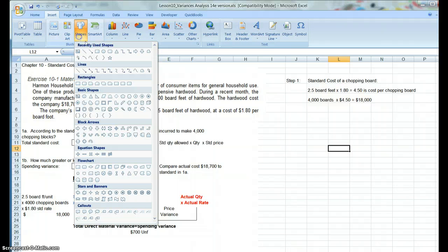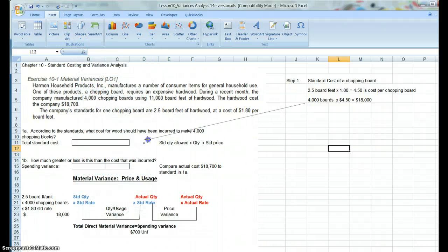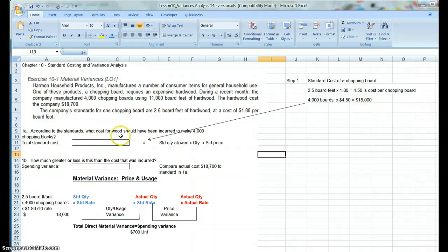So when they ask what is the standard cost for the wood that should have been incurred to make the 4,000 chopping boards, we take the standard quantity allowed per chopping board, multiply that by the 4,000 units times the standard price of $1.80 per board foot. And that's where we came up with this $18,000.